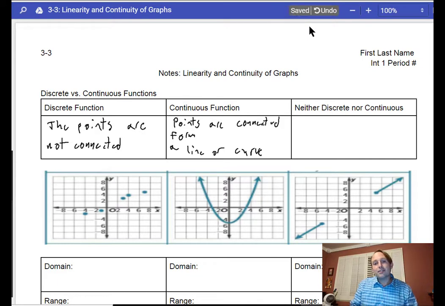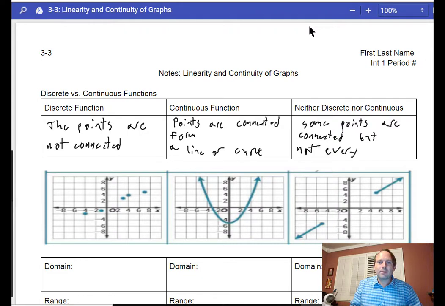So neither discrete nor continuous would be where some points are connected, but not all. Not everywhere. So here's a visual example of it.